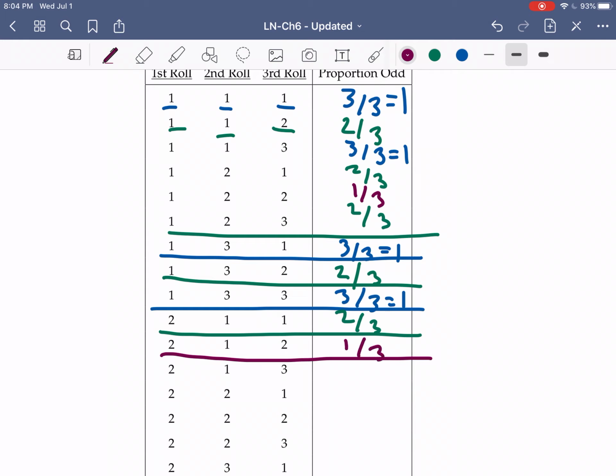I know this is riveting stuff. 2 out of 3. 1 out of the 3 rolls here is odd.